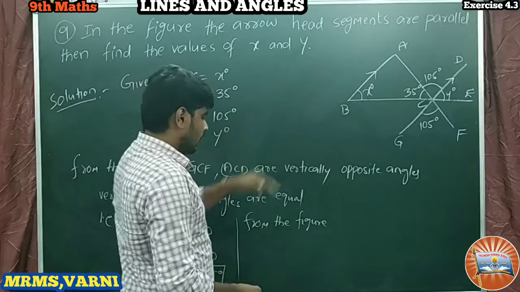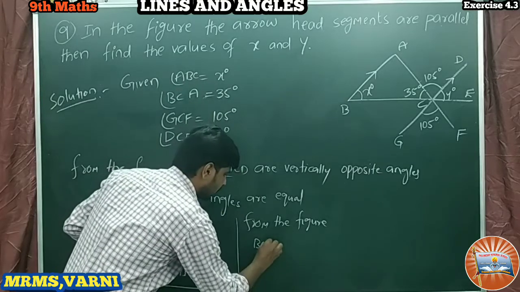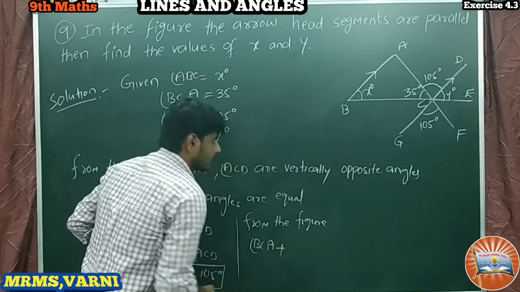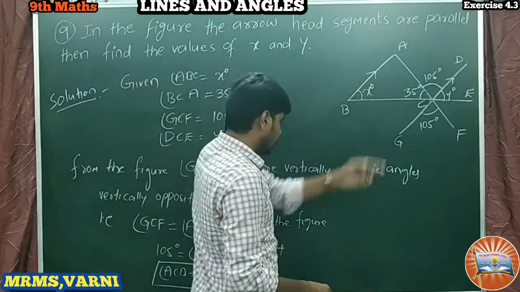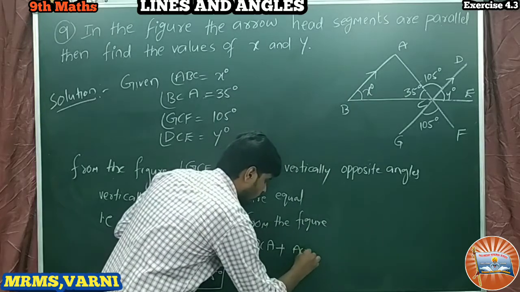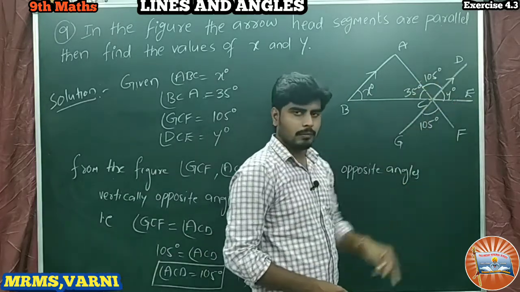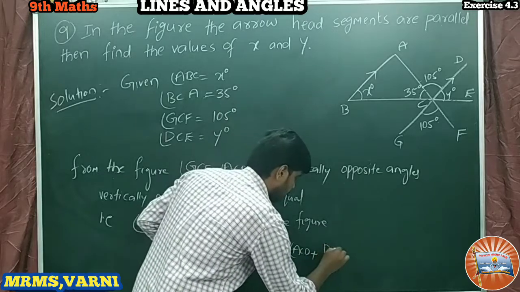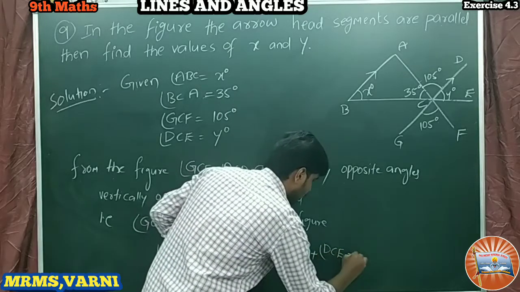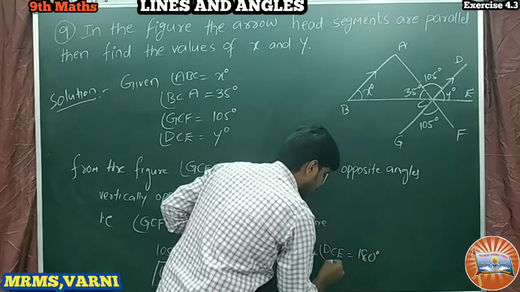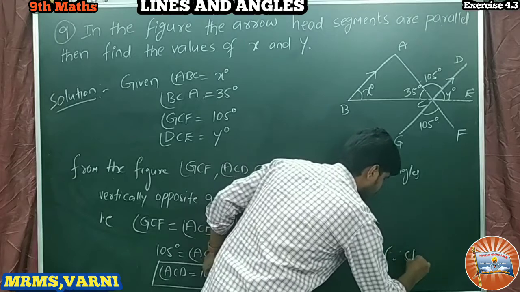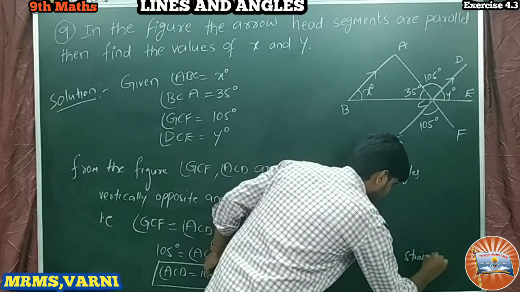Next, from the figure, angle BCA plus angle ACD plus angle DCE is equals to 180 degrees, since it is a straight angle.